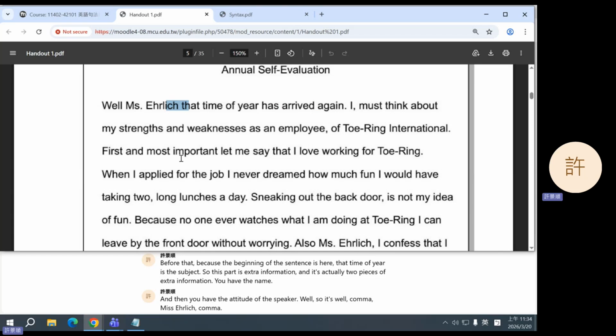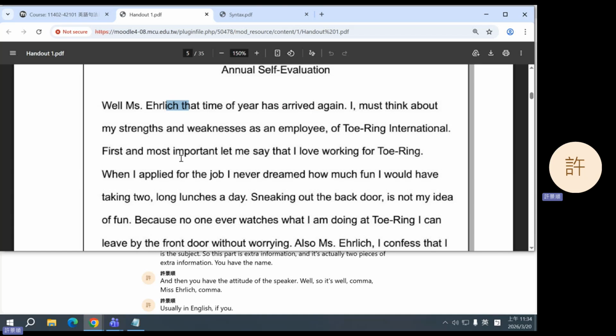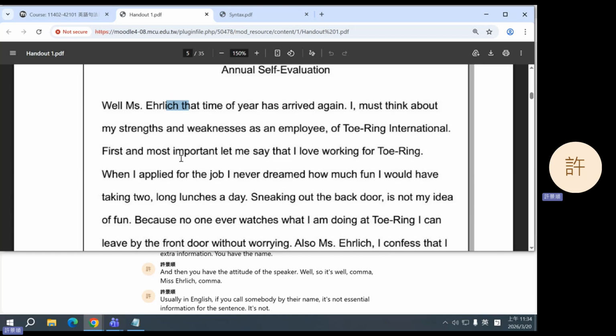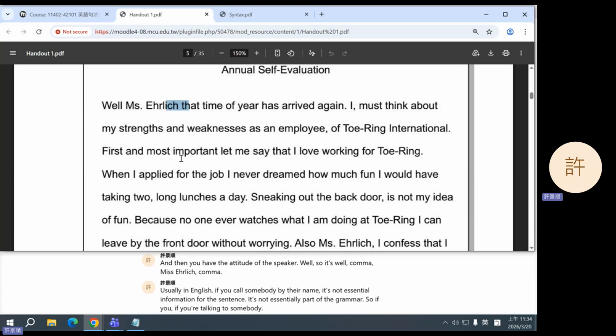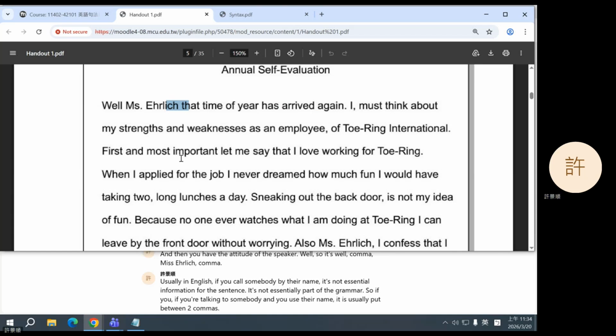Usually in English, if you call somebody by their name, it's not essential information for the sentence. It's not essentially part of the grammar. So if you're talking to somebody and you use their name, it is usually put between two commas.